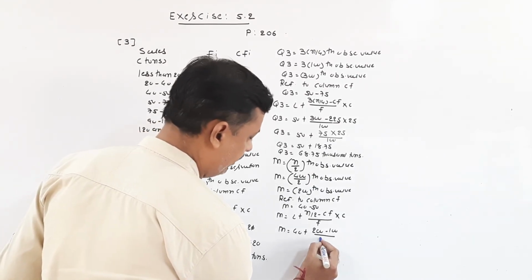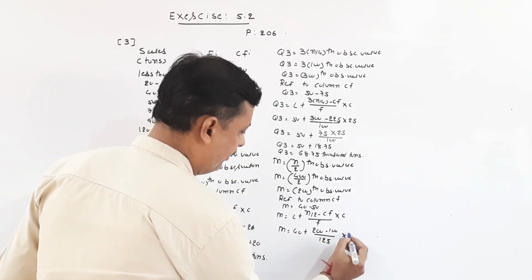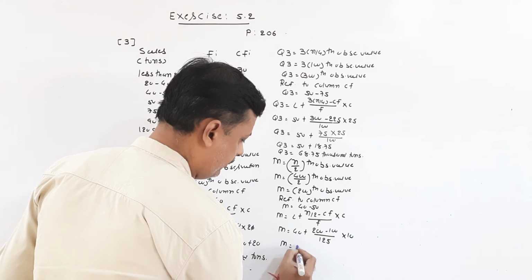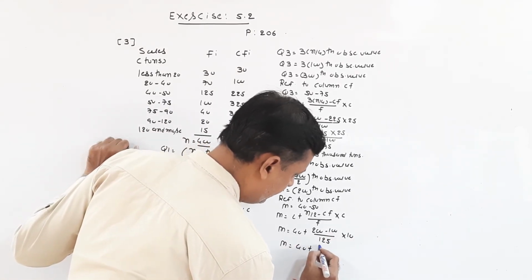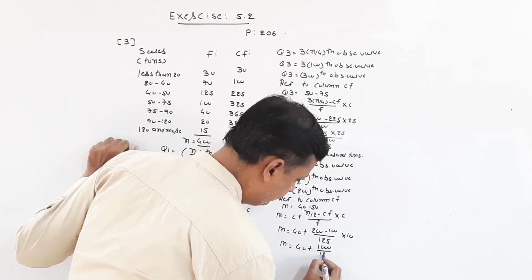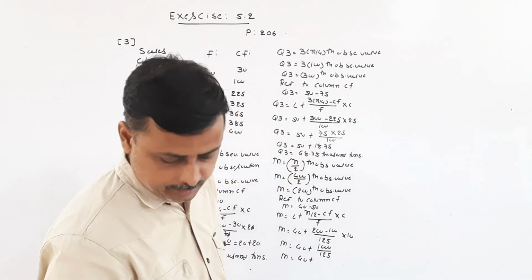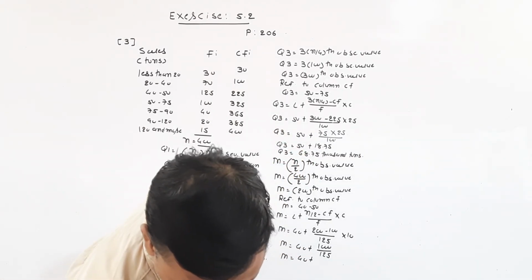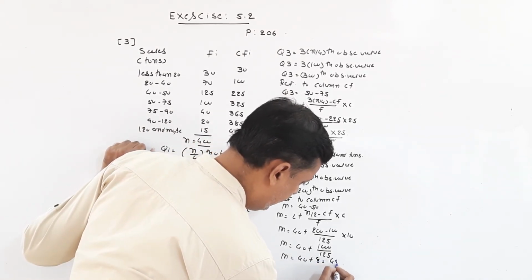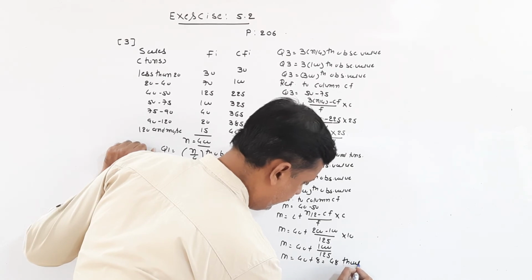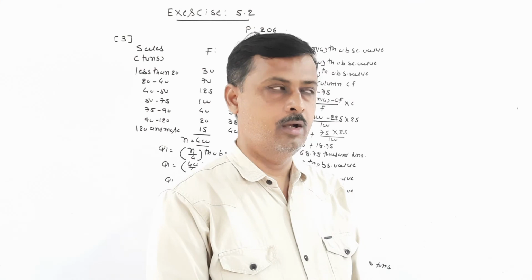Frequency 125. And C for class length 40 to 50, that is 10. 200 minus 100, 100 into 10, 1000. 1000 divided by 125, that is 8. 40 plus 8, 48,000 tons.